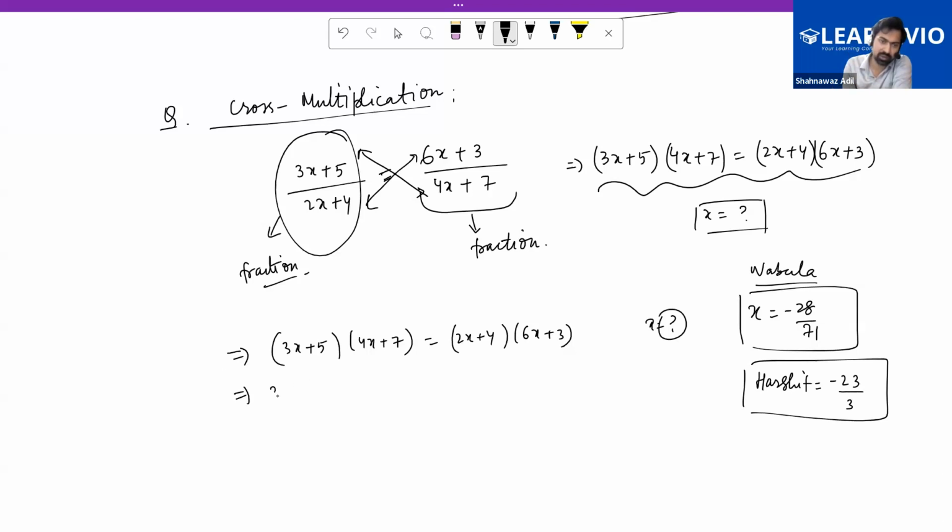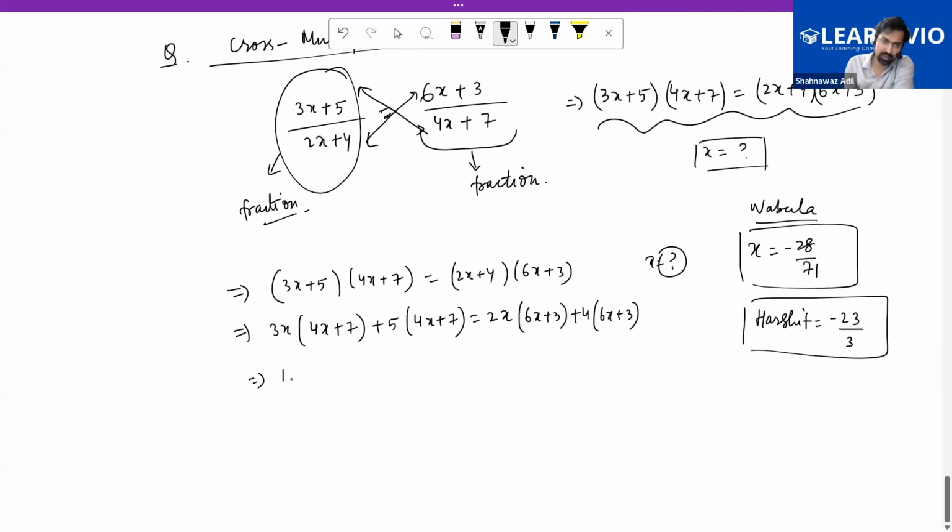So first we have to multiply 3x by this, and then 5 by this. Then 2x by this, and then 4 by this, right? So how much will it be? 12x square, 21x, 20x, 35, and 12x square plus 6x plus 24x plus 12.